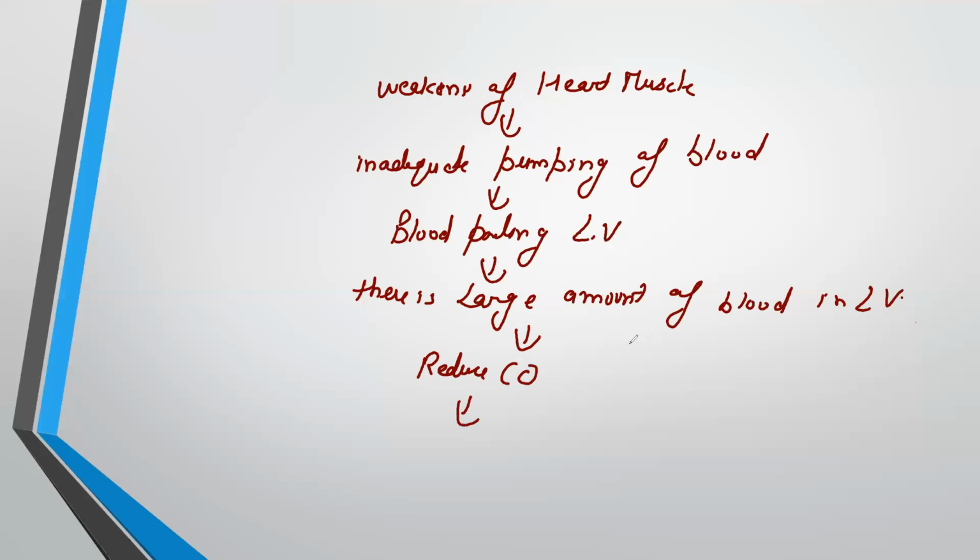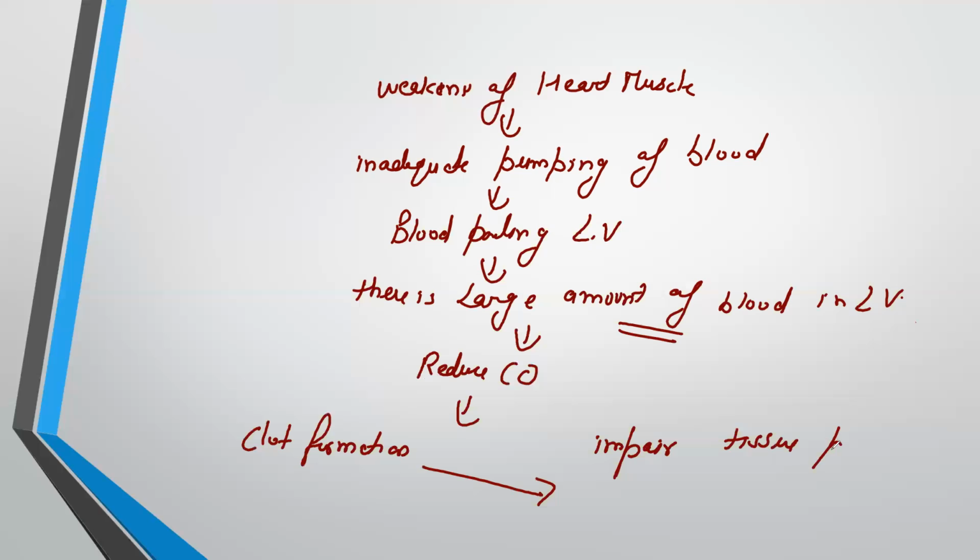And when there is a large amount of blood here, it can lead to complications like clot formation. If there is a clot formation, that leads to impaired tissue perfusion, because blood will not reach all tissues and organs.